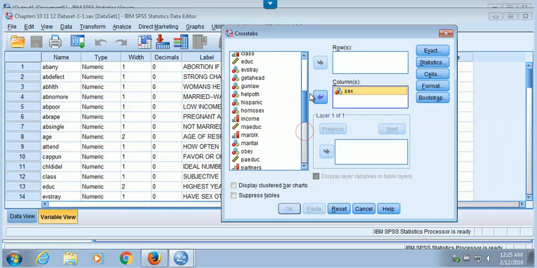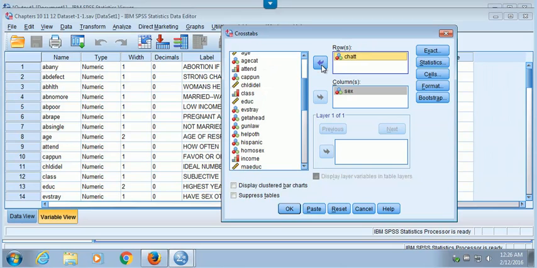And then we will put the dependent variable, what we're trying to predict, which is church attendance, which they have labeled as chat with an extra T. You always put that in the row box. So independent variables always go in the columns. Dependent variable always goes in the row.